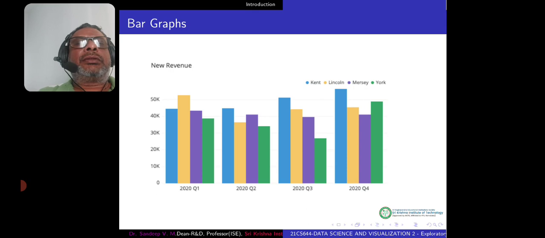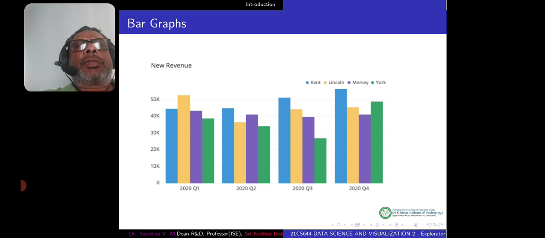So it's trying to say that the Kent revenue is rising monotonously, whereas the green one, that is York, started a little high, then went on reducing, and then suddenly rose in the fourth quarter. And talking about Mersey, it looks almost constant, no change.